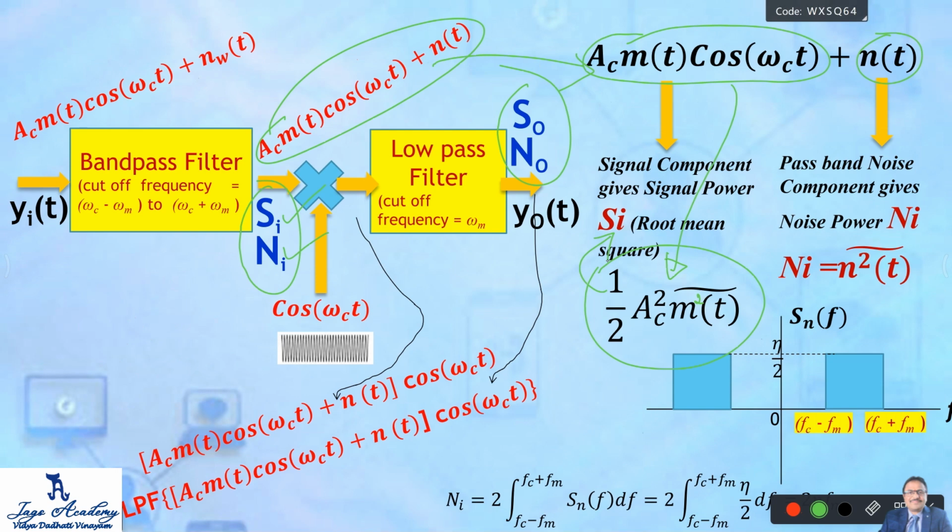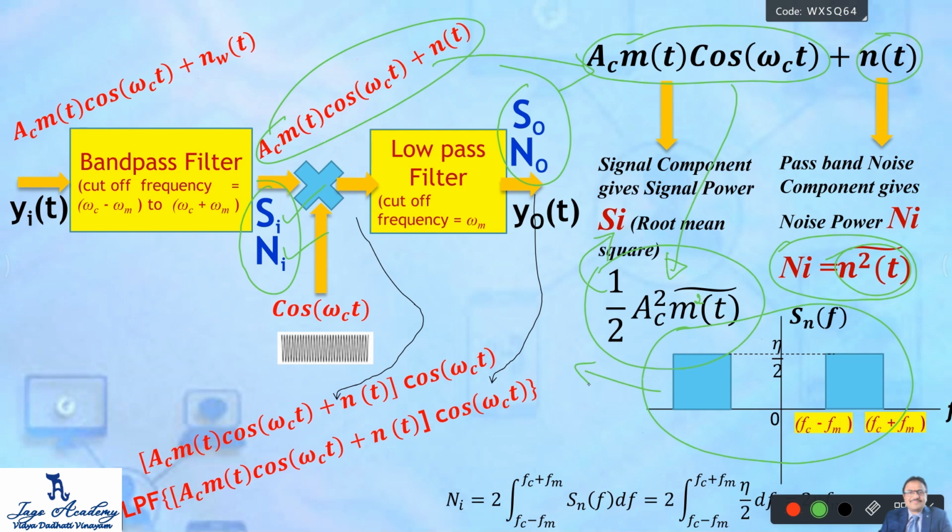Now next, noise power. Hope you remember, we have already done this in baseband. Listen carefully. Noise power is equal to the root mean square value of the noise n(t). Now, just look at this. Can you tell me what is this? Power spectral density of a passband or bandpass.